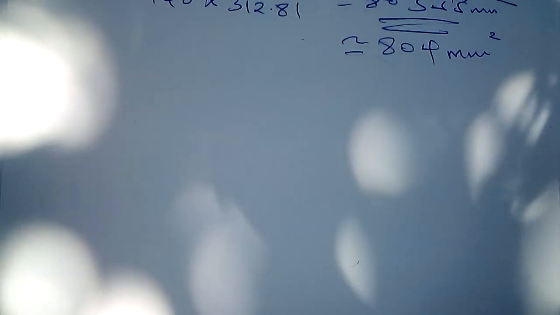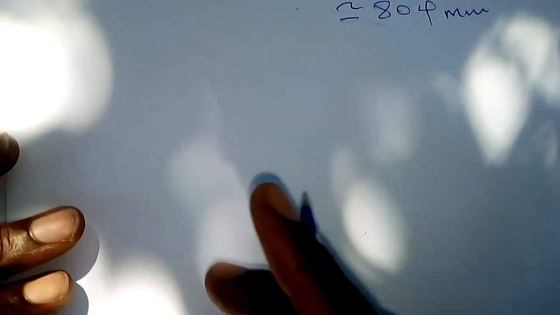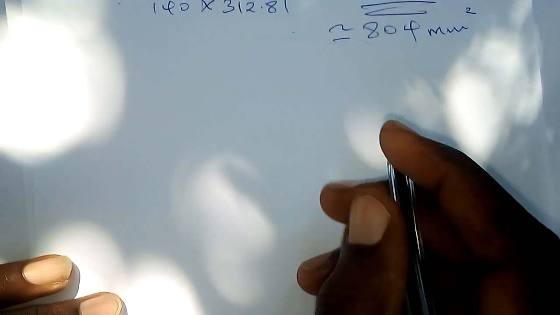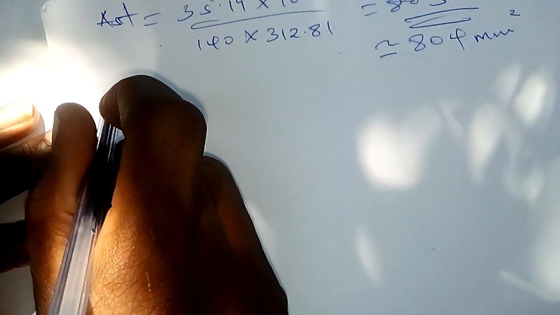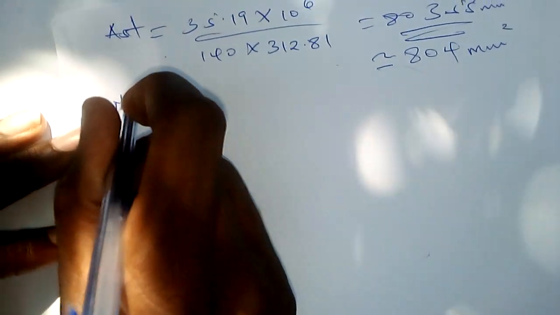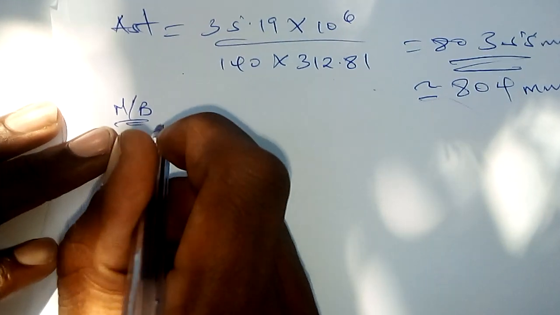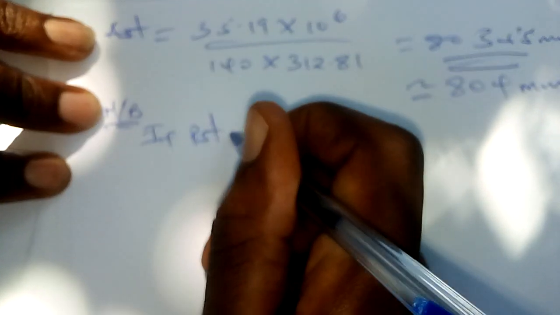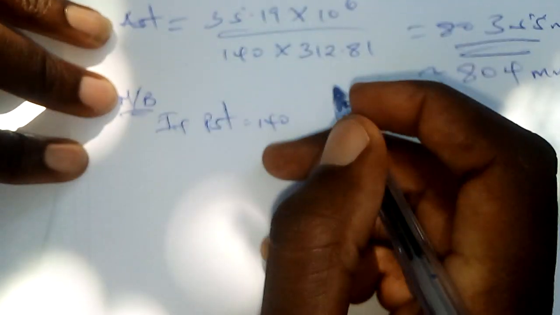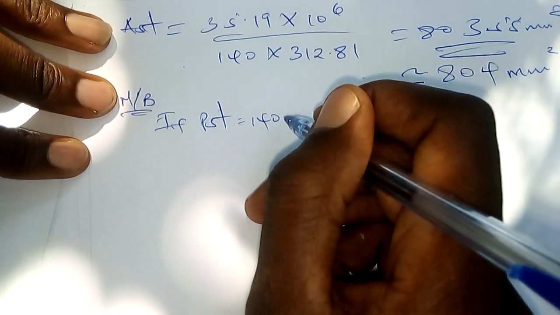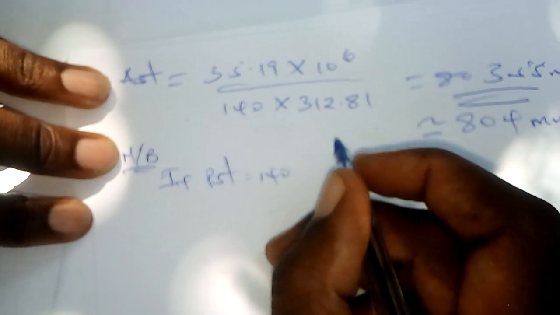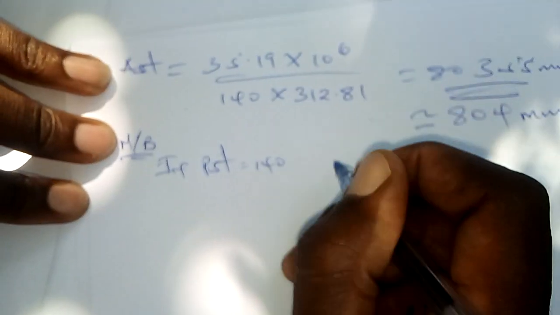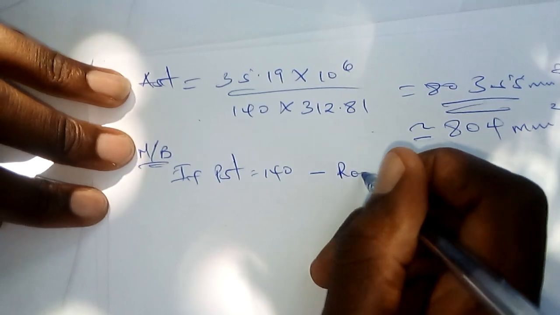Now we say there is something to note. NB, if PST is 140, this is an indication that it is round bar.